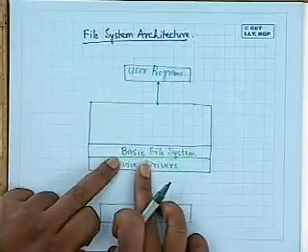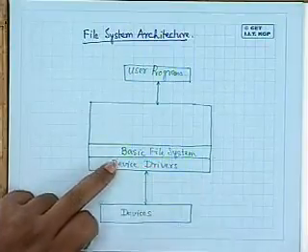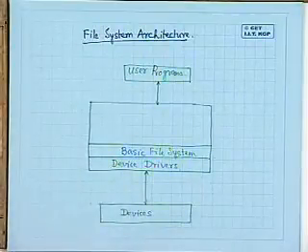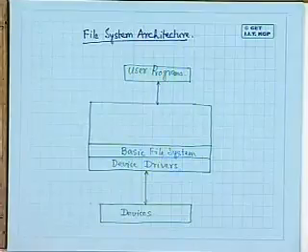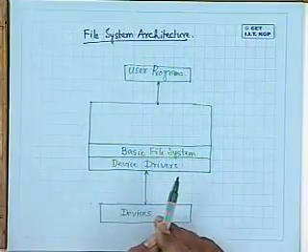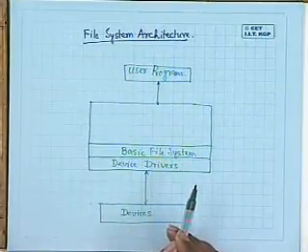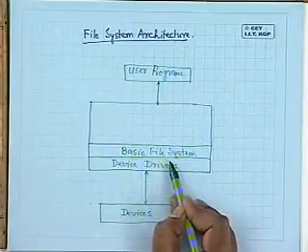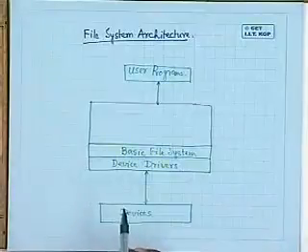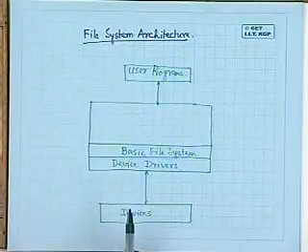Right? And what are the responsibilities of the basic file system? The basic file system, say for example, in case of a block device, deals with blocks of data. Okay, and it does not understand what the content of that block is. So getting a block of data from the device and placing it within a buffer cache will be the responsibility of the basic file system. Okay.